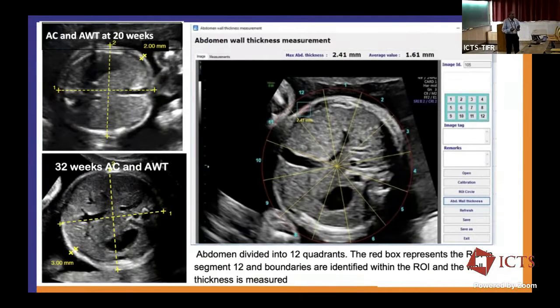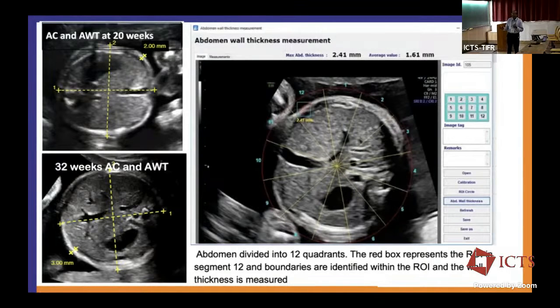But for that, what is the tool we have? We identified that we could measure the subcutaneous fat. Now, this was a manual measurement, so for every patient you take the measurement and you do it. But is there a potential for automation here? Yes, certainly.